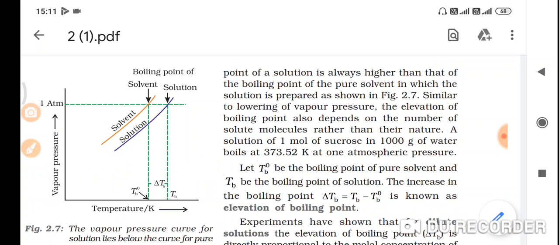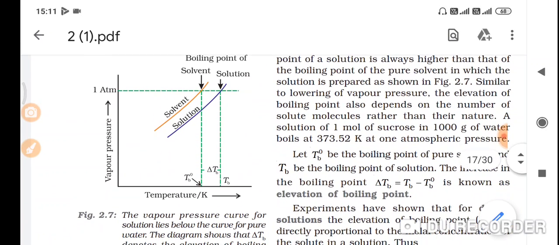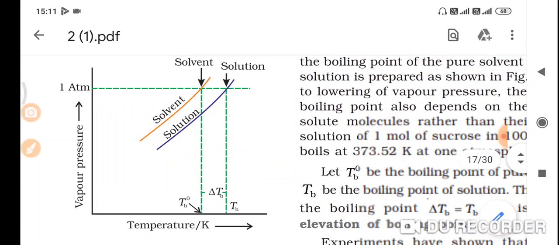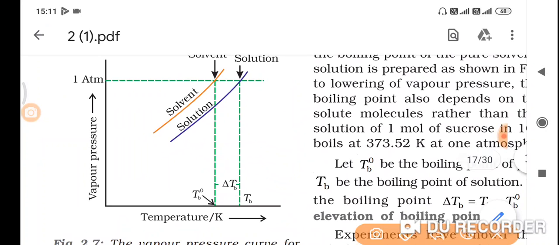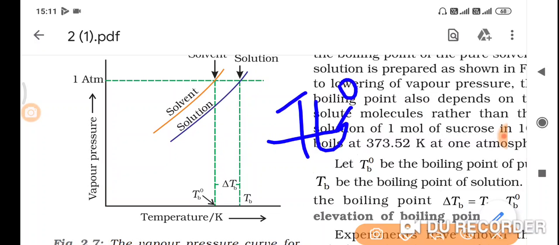Now we are going to discuss this graph. The graph is very simple, not much complicated, you can get it very easily. Here there are two temperatures we have noticed: first is Tb naught, the boiling point of pure water, and Tb, the boiling point of the solution.